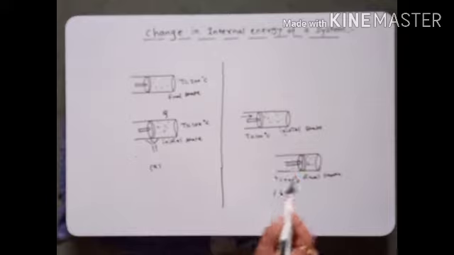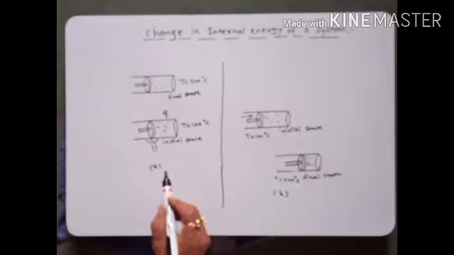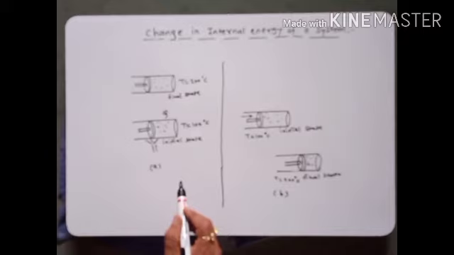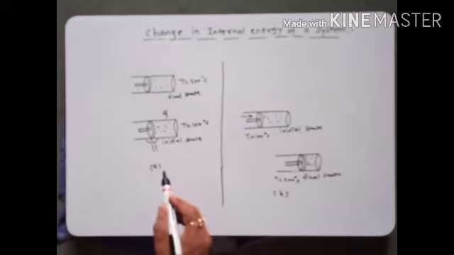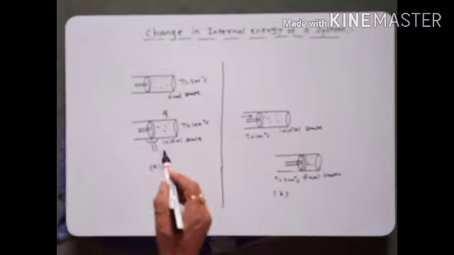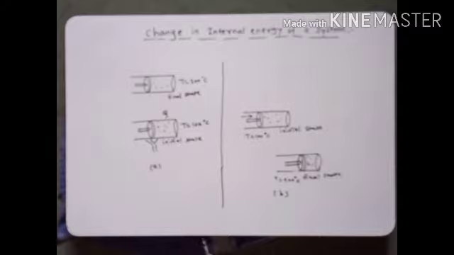That means from these two experiments we consider a very important principle of thermodynamics. That is, when work is done on the system or by the system, there is change in internal energy, or whenever heat is supplied from outside to the system, there is change in internal energy. This is all about change in internal energy of the system.